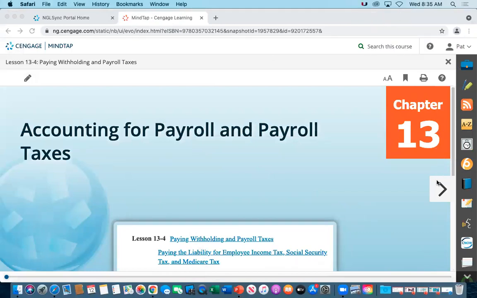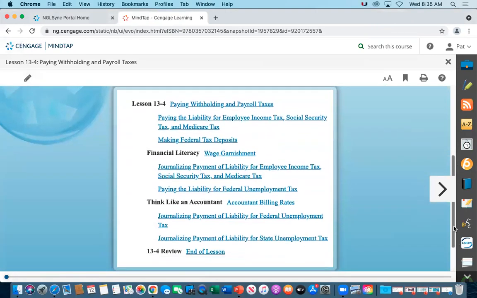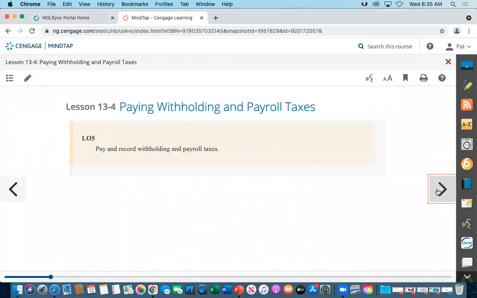All right. So the last section in chapter 13 is where we're looking. It's 13.4. This is a kind of different section because the problems are not overly involved, but there's a ton of pages, but not a lot of vocab or crazy important parts.